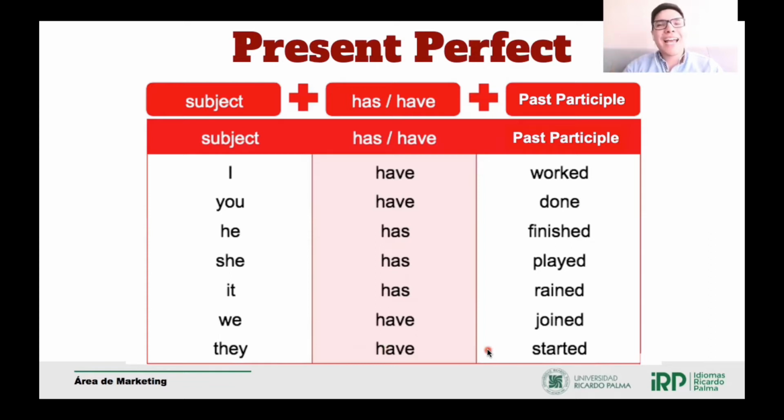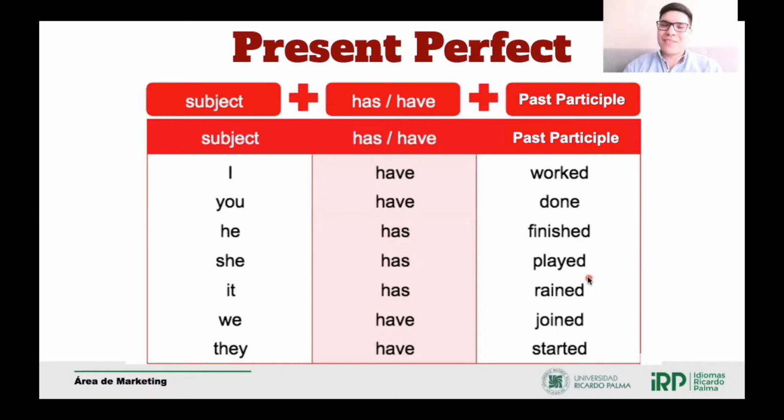Very good. Nice pronunciation. Just remember, when we have the words that end in ed, most of the time they sound like a t or d. So this is not worked, this is pronounced as worked, finished, played. All right?